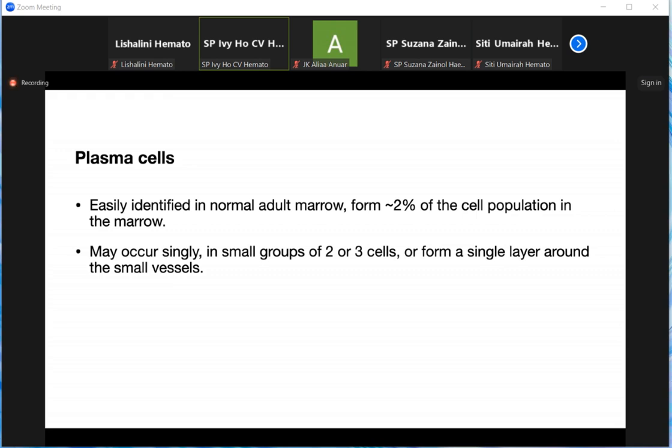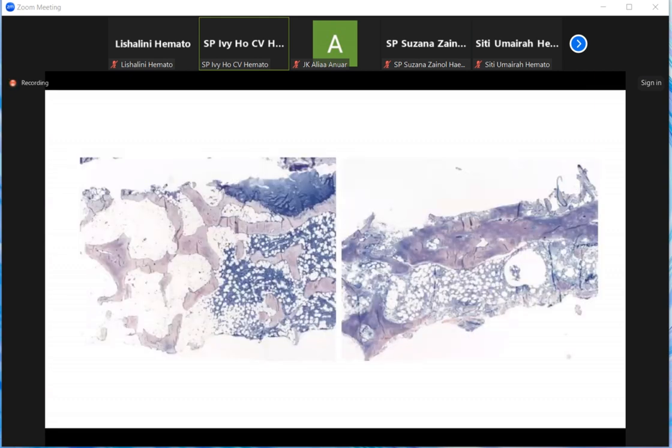Shouldn't be a problem. Normally, they constitute about 2% of the cell population in the marrow. Most of them occur singly or in small groups of 2 to 3 cells. If you see them diffuse and in large numbers in the marrow spaces, these are abnormal as well.